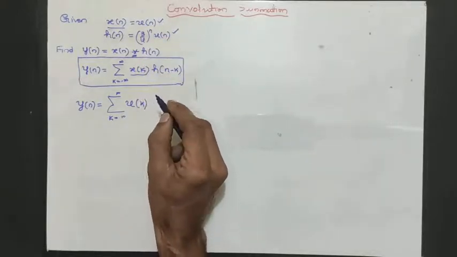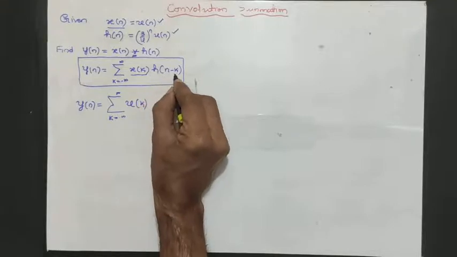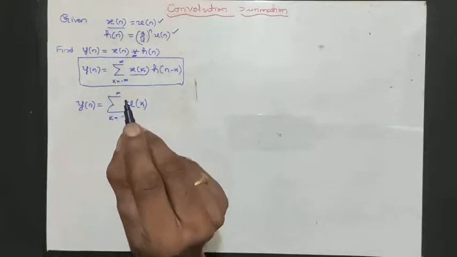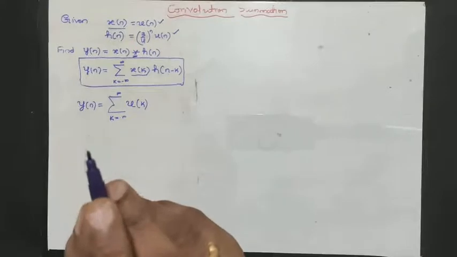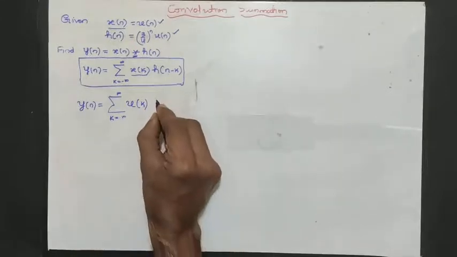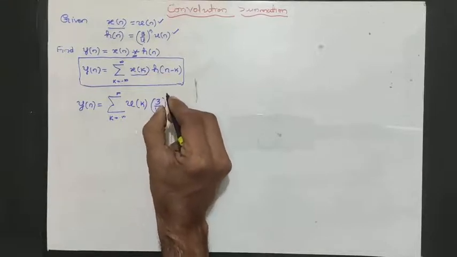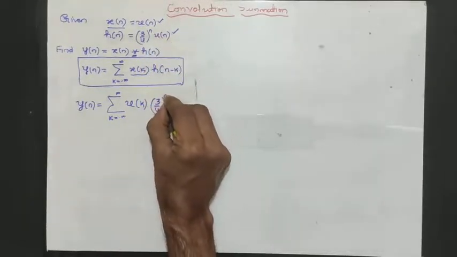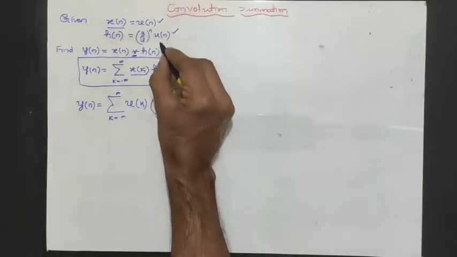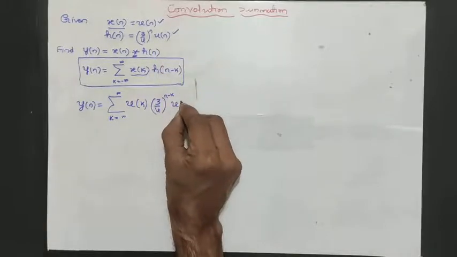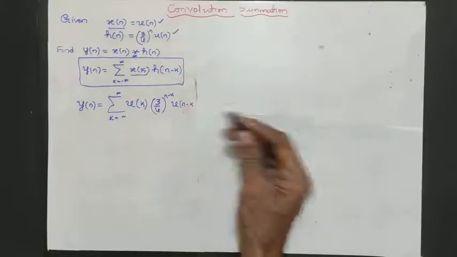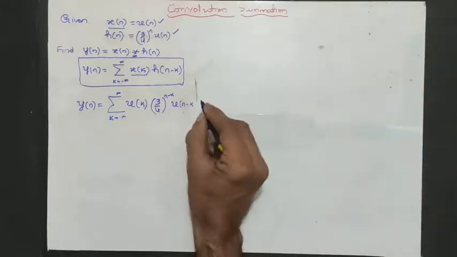That's all. Second, h of n minus k. Whatever h of n is given, instead of n, you replace it with n minus k. You see what I am doing? (3/4)^n is there, instead of n I am writing n minus k. u of n is there, instead of u of n I am writing u of n minus k.